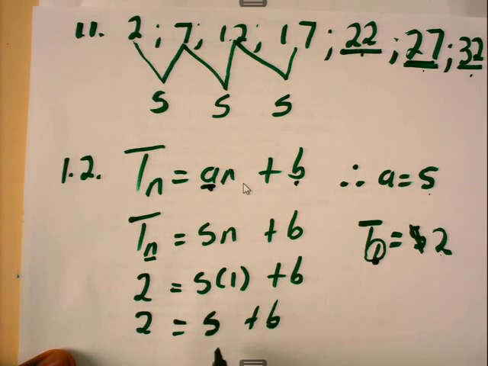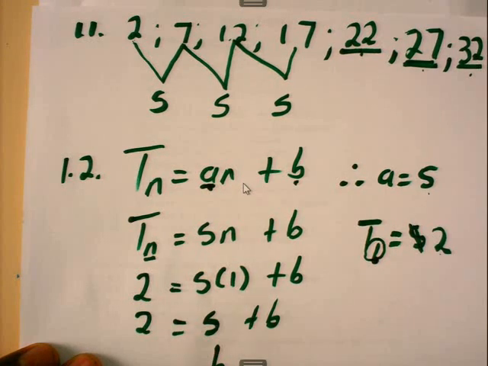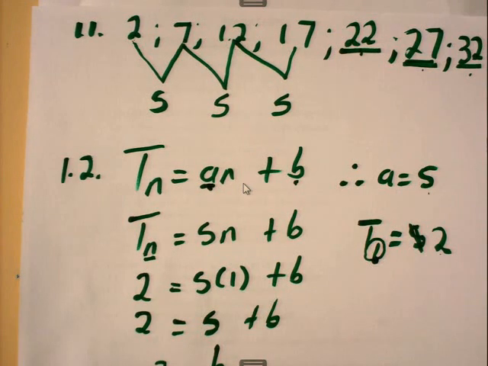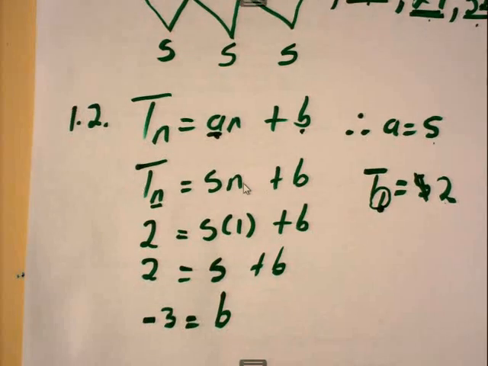Transpose 5 to the left, and you'll be left with b on the right hand side. On the left hand side, 2 minus 5 will give you negative 3. There is our negative 3.